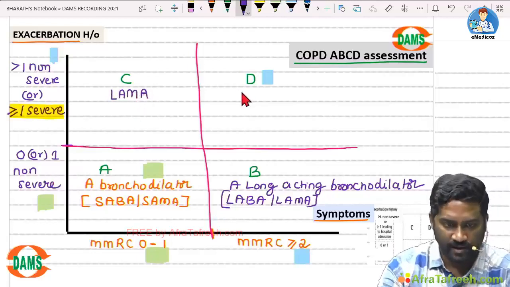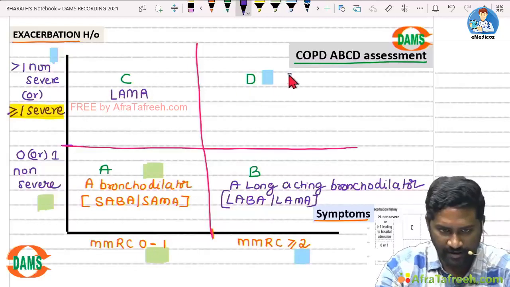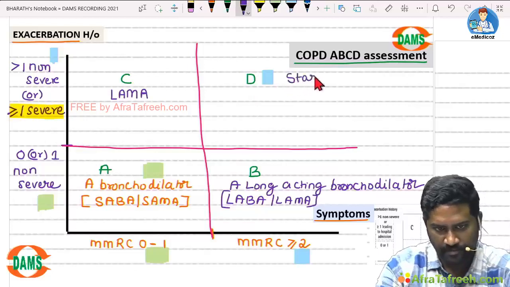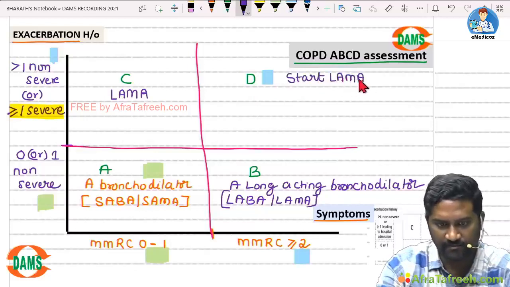Now in group D, I am going to start LAMA first, the most preferred bronchodilator. This is the group where I should be very careful.